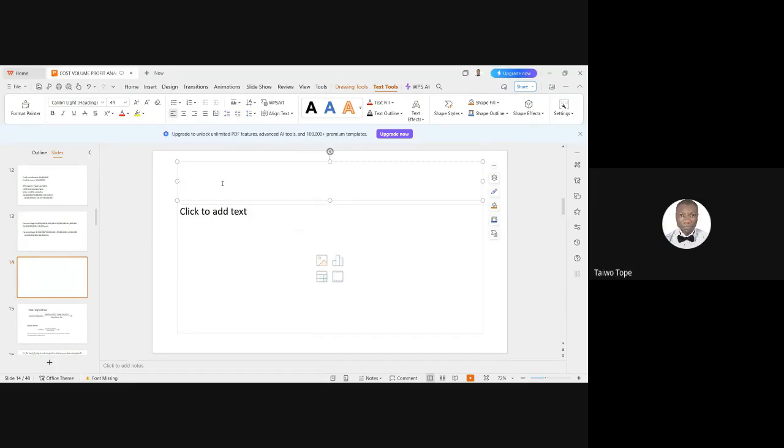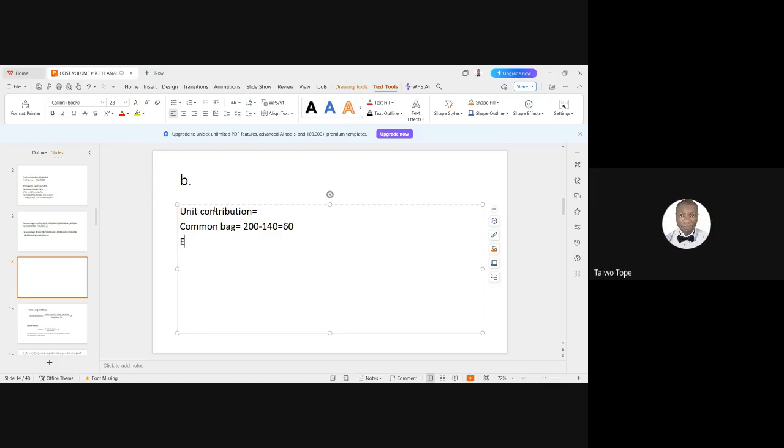For B, they are saying what? The break-even point in units if only common bags are sold and if only executive bags are sold. So unit contribution for common bags would be 200 minus 140, you have 60.